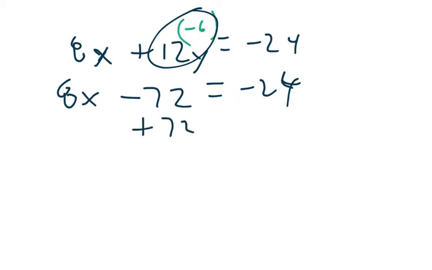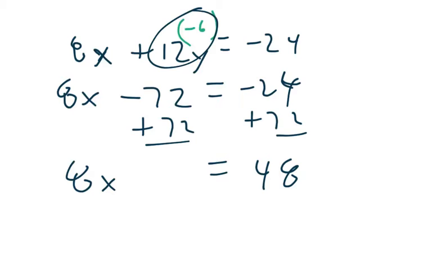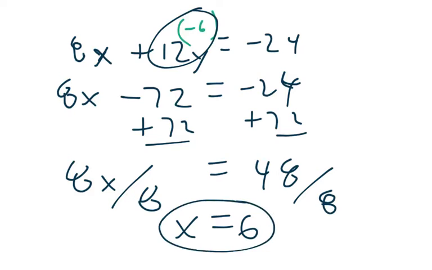I'm going to add 72 to both sides. 8x equals 72 minus 24, which is 48. Once I divide by 8, I know x is 6. So my solution, guys, is x equals 6, y equals negative 6.